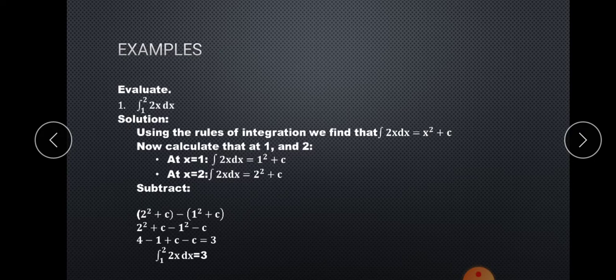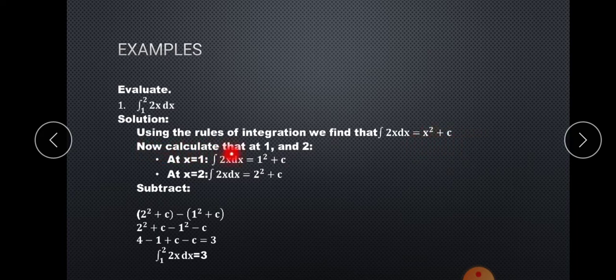Examples. Evaluate. Number 1. The definite integral from 1 to 2 of 2x dx. Solution: using the rules of integration, we find that the integral of 2x dx equals x squared plus c.